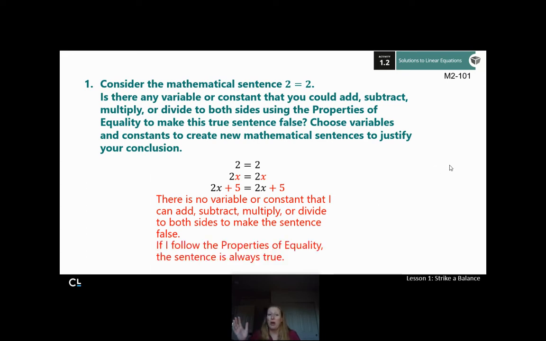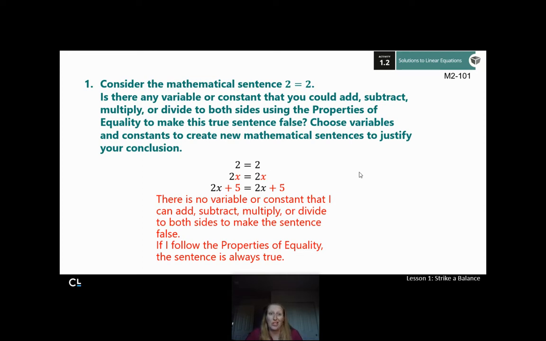If I'm following the properties of equality, this sentence is always, always, always true, no matter what I do. Since I have to do it to both sides, it's always going to be true.